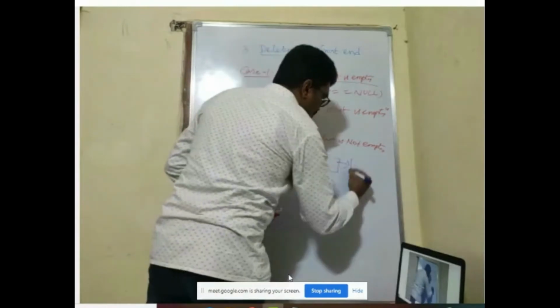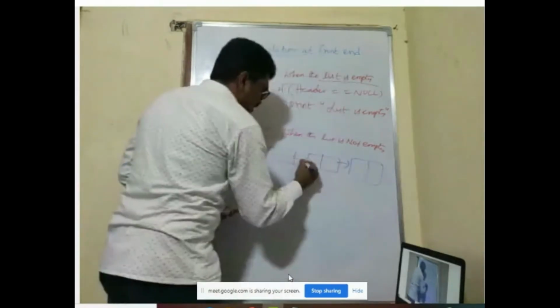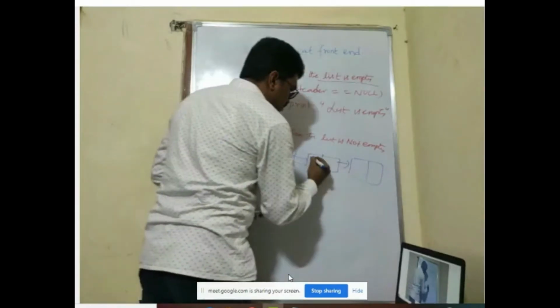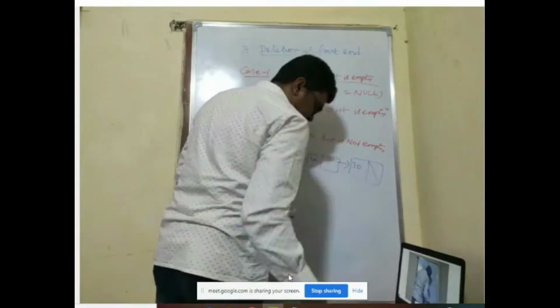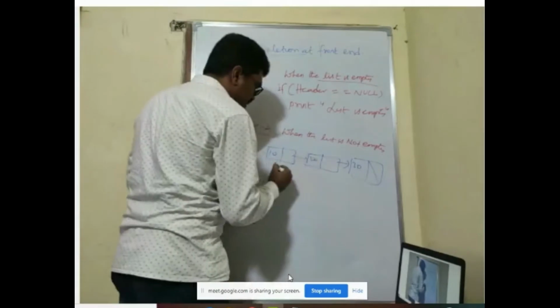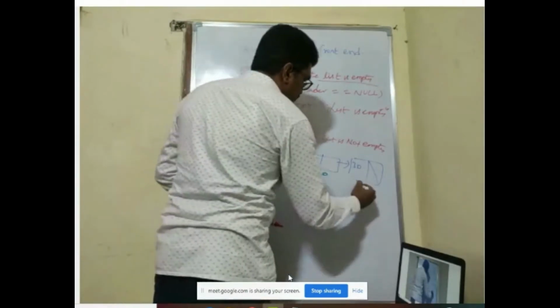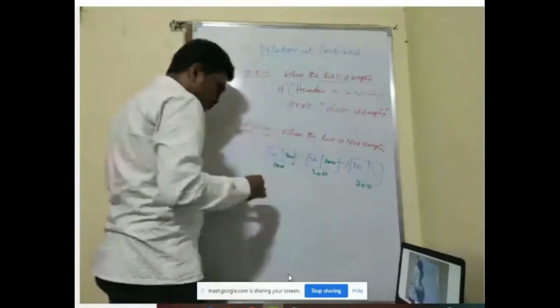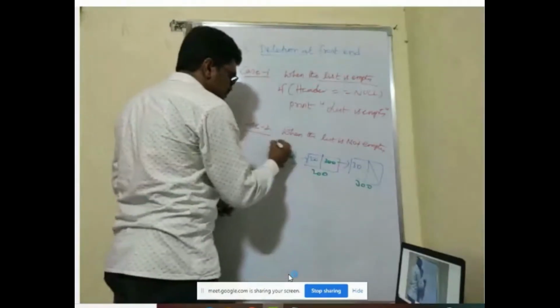So already some elements are there. How many elements are there? We don't know; there can be any number of elements. My header is pointing to this one.